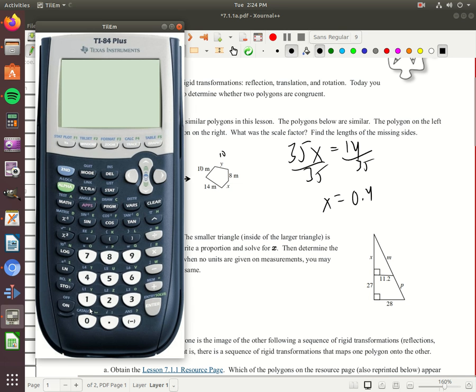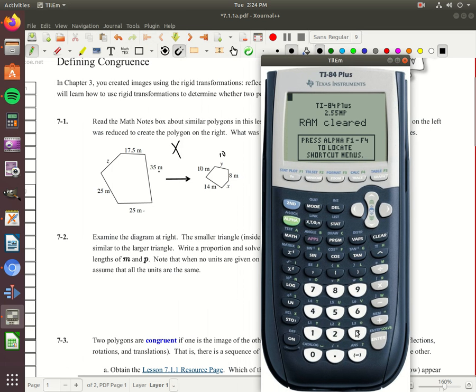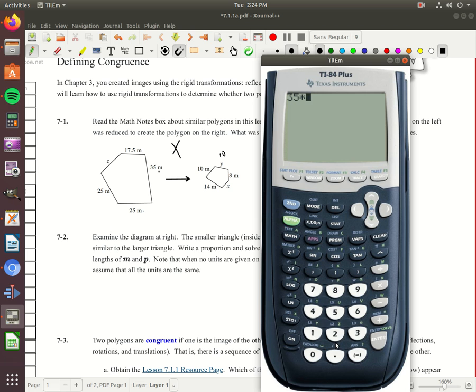Let's check that scale factor on the calculator. If I multiply 35 by 0.4, I expect to get 14. I get 14.